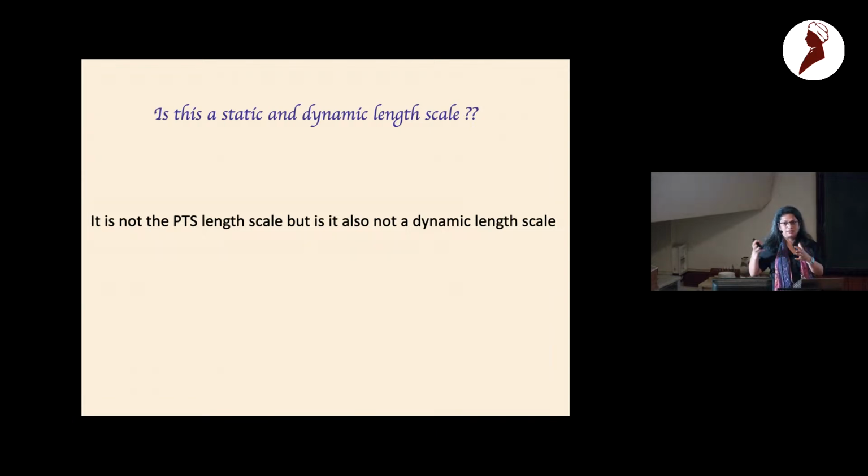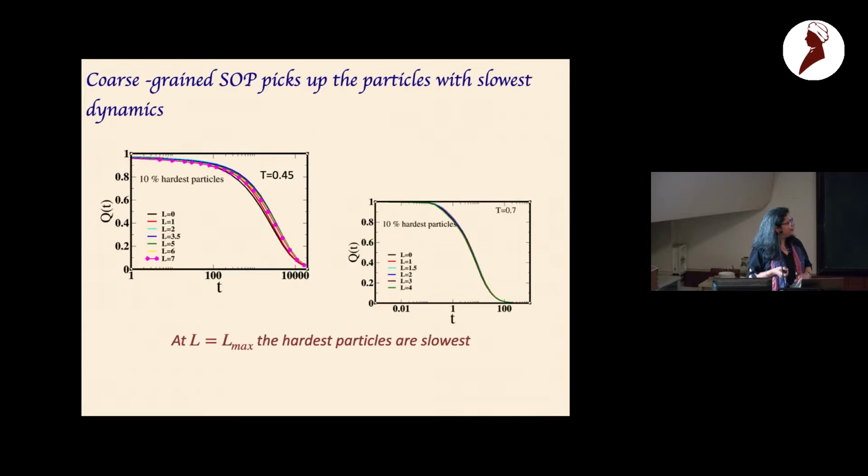Point to set length scale is telling us something different from a locally preferred structure's order parameter. And I will argue that it is not even a dynamic length scale, so somewhere it's in between probably. And to do that, let me go back and see what the coarse graining does. So I calculate a distribution of softness.